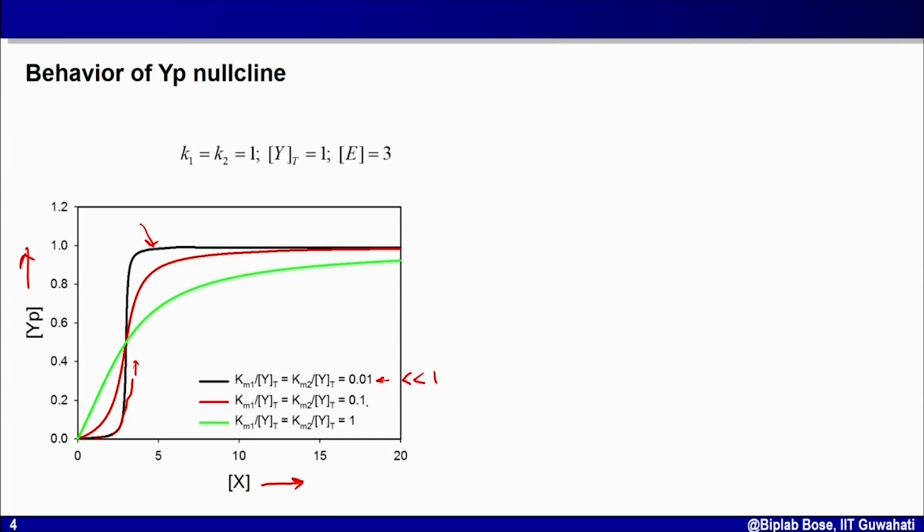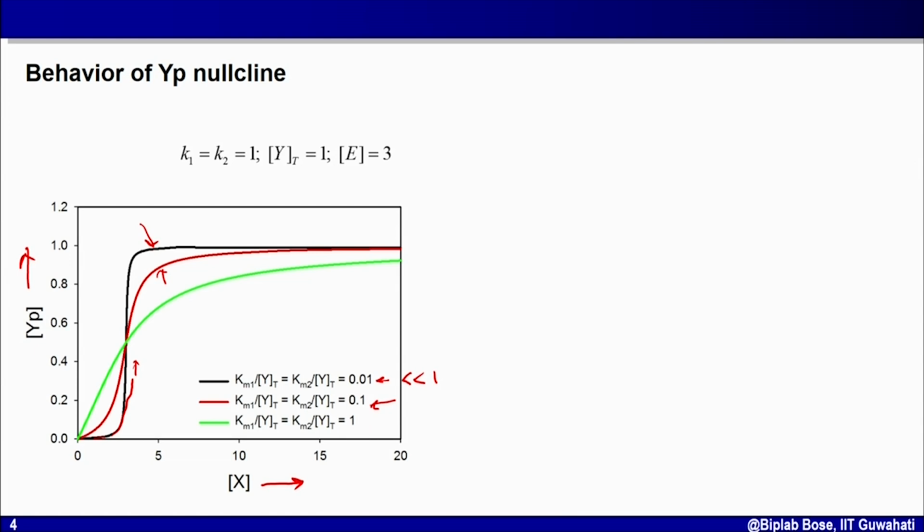When I reduce this value, Km1 by Yt, that is the Michaelis-Menten constant divided by the total amount of Y, to 0.1, we still get a sigmoidal curve, this red one, but the steepness is narrowed down.